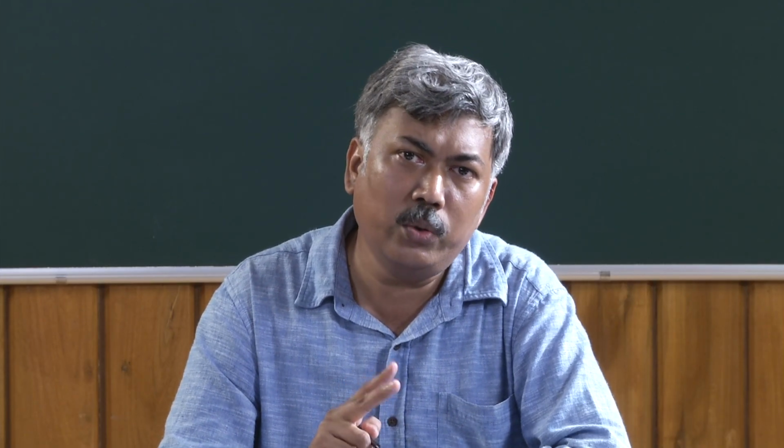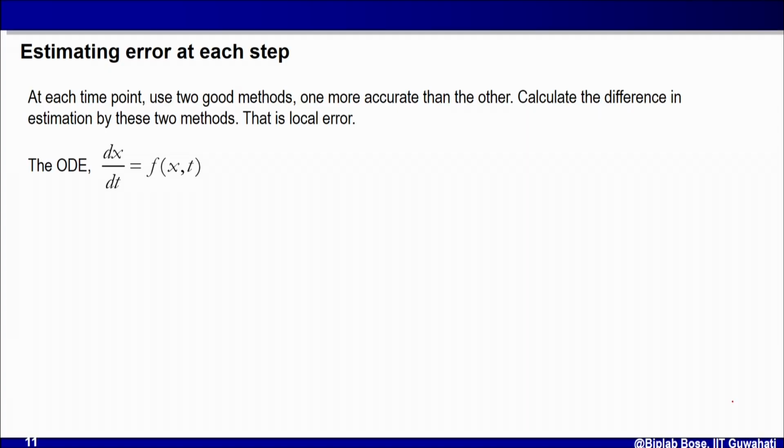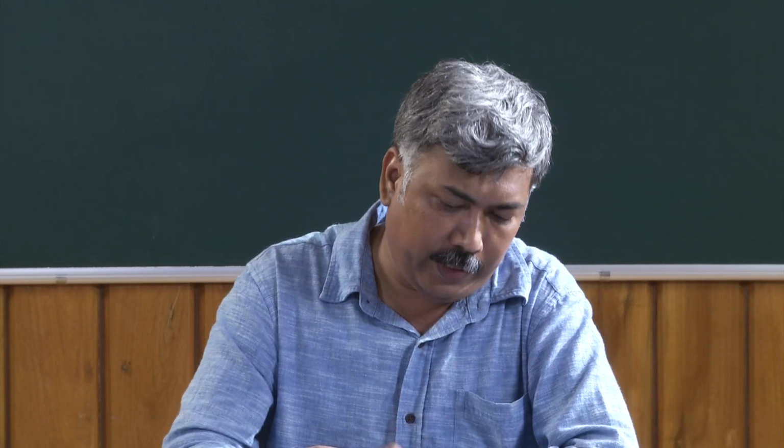So we can take two different algorithms, one better than the other one. You calculate the new value of x at the next time point using these two methods and calculate the difference between the results. That difference in result obtained by these two methods is my estimate of error.